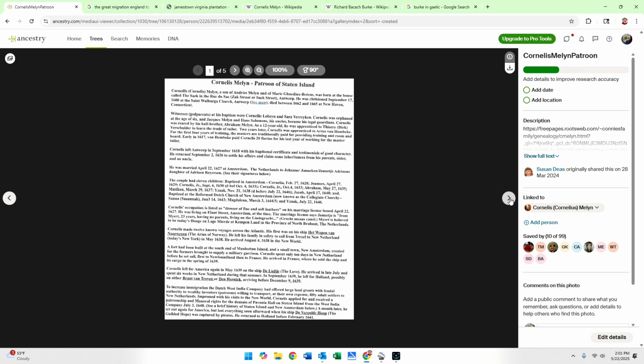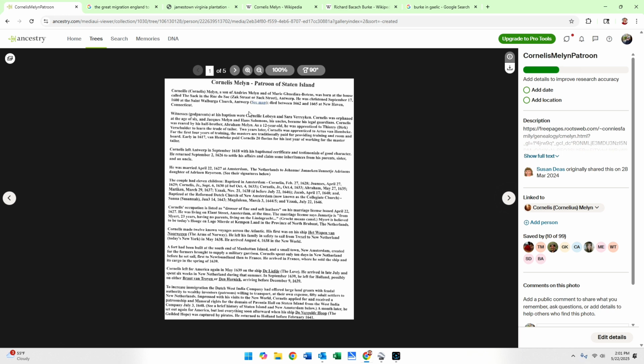So we're going to give you this huge tract of land, and you got to find 50 people to come and occupy that land. And then you get to be the boss, but you have your own little fiefdom in the New World. So you get to be a patroon. And so this is what happened with Cornelius Mellon. He was made a patroon and he was sent over.